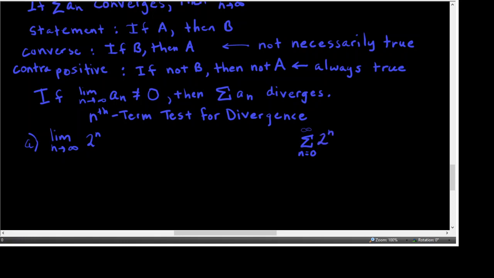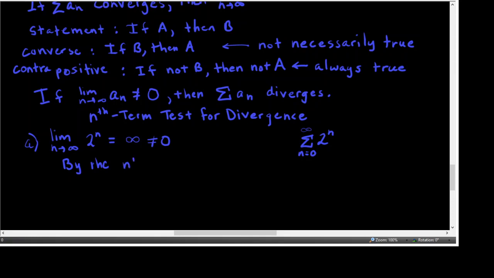This is the series whose convergence or divergence we're going to test. The nth term of the series is 2 to the n, and so the limit of 2 to the nth as n goes to infinity is infinite, which is obviously not 0. And so you can say by the nth term test, and you can call it that for short.